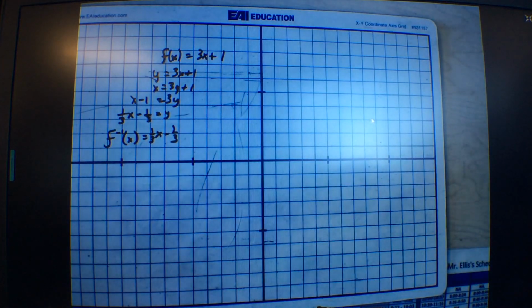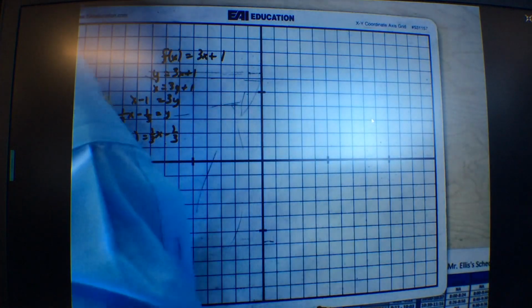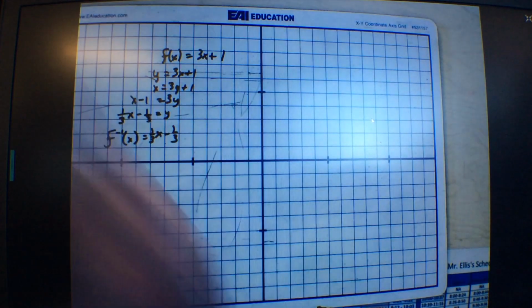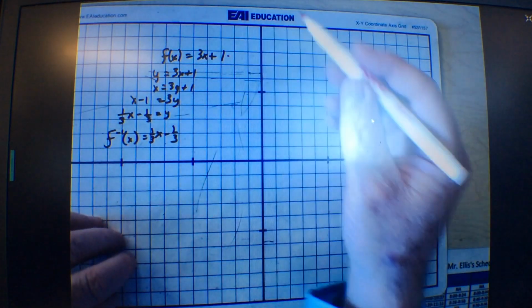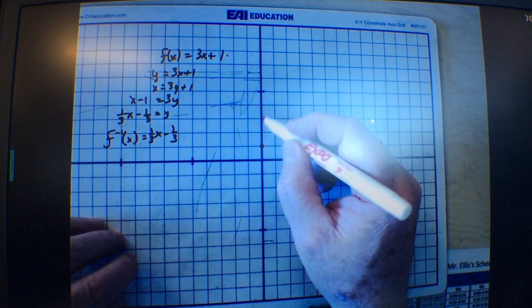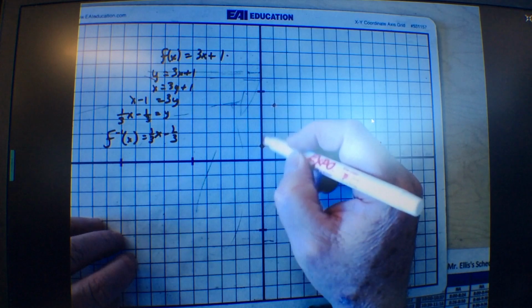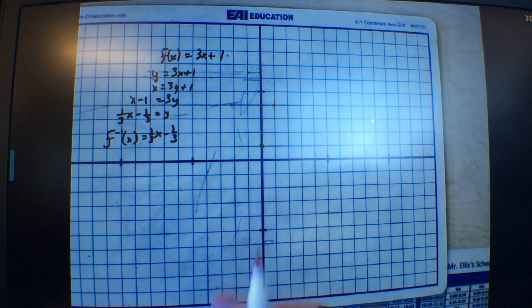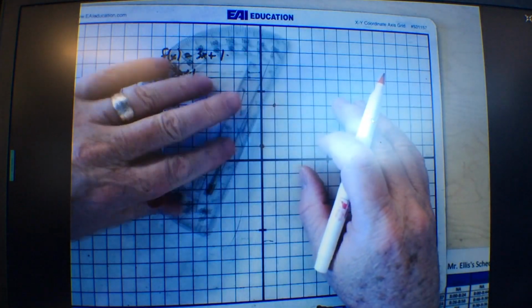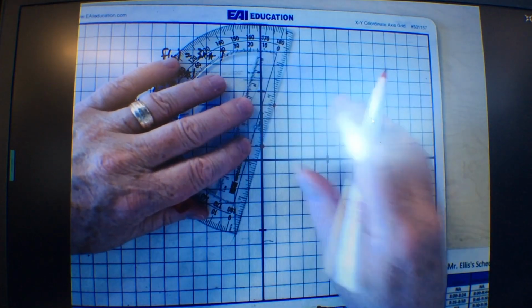Okay, so when I graph it, I'm going to graph it in red. When I graph it, I graph the original. This one has a y-intercept of 1 and a slope of 3, correct? 3 over 1, so 1, 2, 3 over 1. So it looks like this.